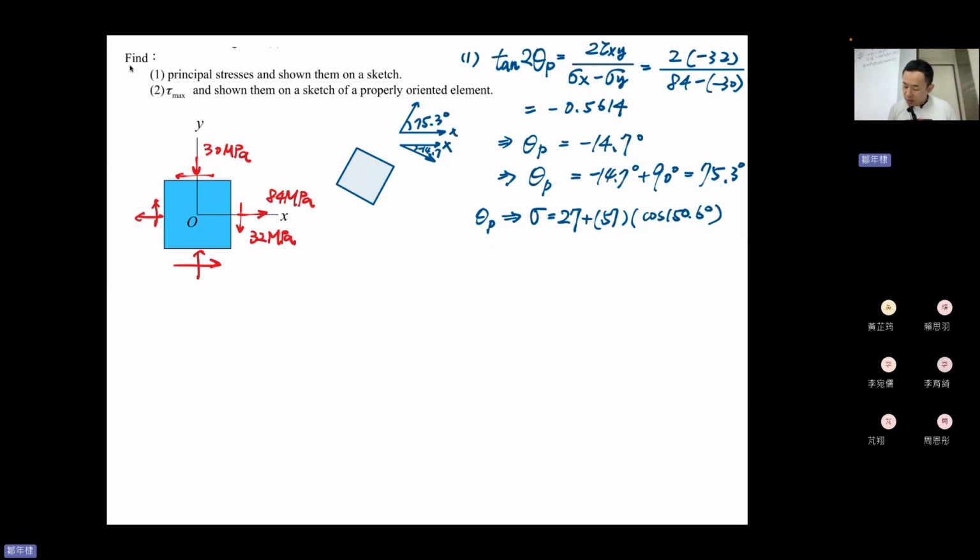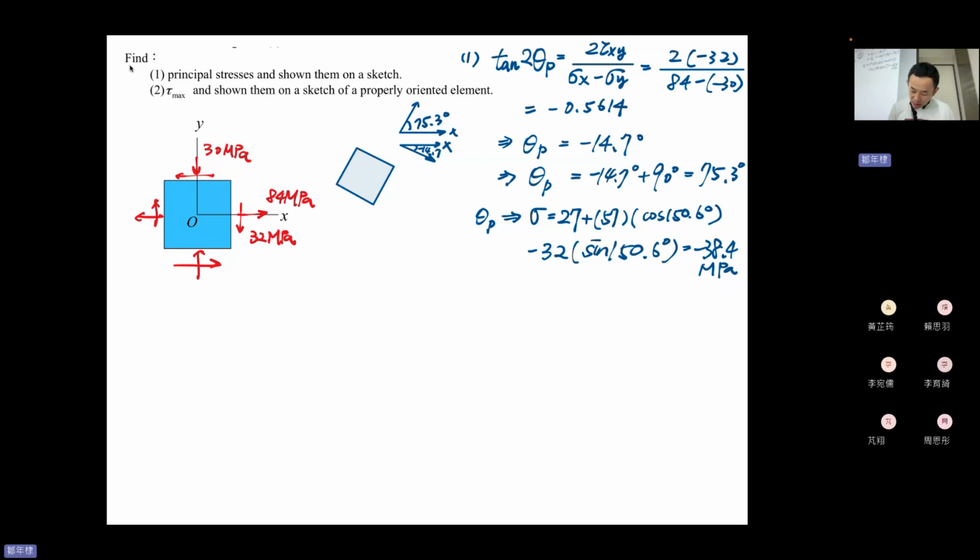So sigma p at minus 14.7: 27 plus 57 cosine, oh, I substitute 75.3 times 2, so it's 150.6 first. And then we can continue: 32 sine 150.6 degrees. And we get minus 38.4 MPa.